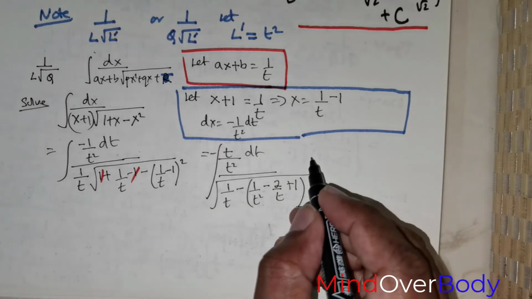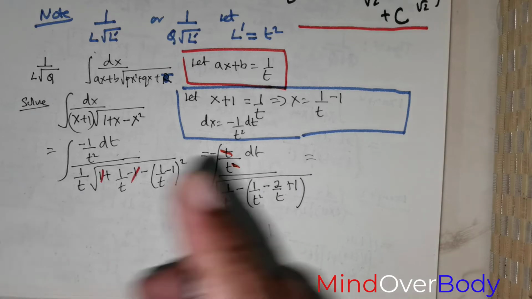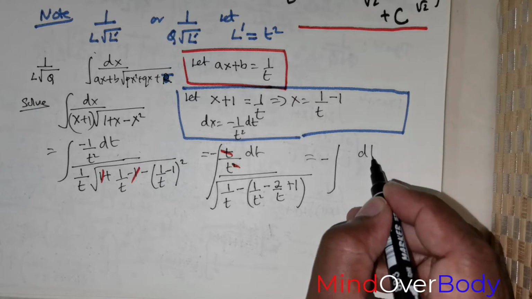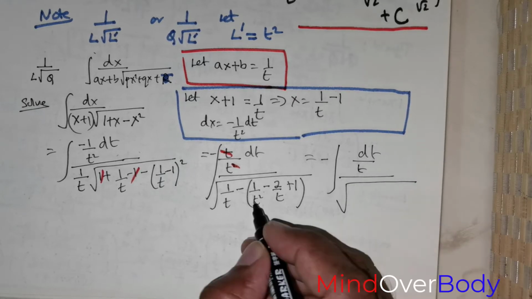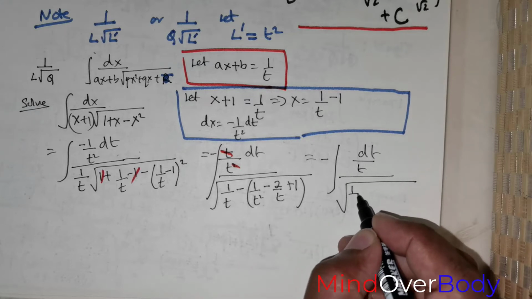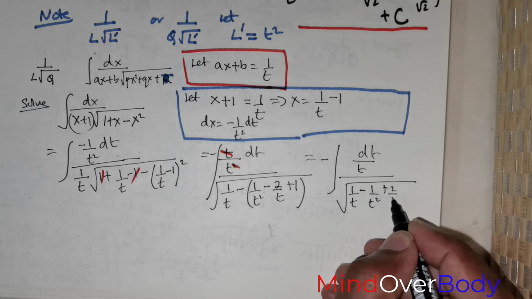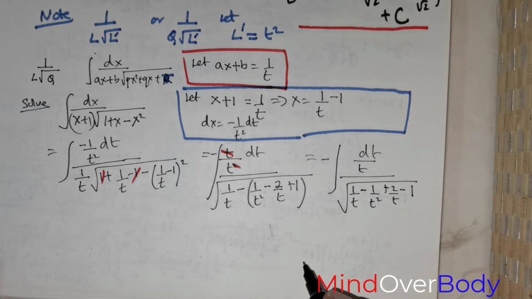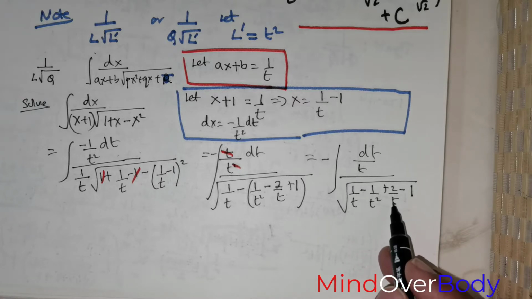Now this is equal to, clearly I can cancel a t here, so that's going to be negative integral dt over t divided by root of, now I have 1/t − 1/t² + 2/t and a −1. Now I can add 1/t and 2/t, so that would give me 3/t, right?